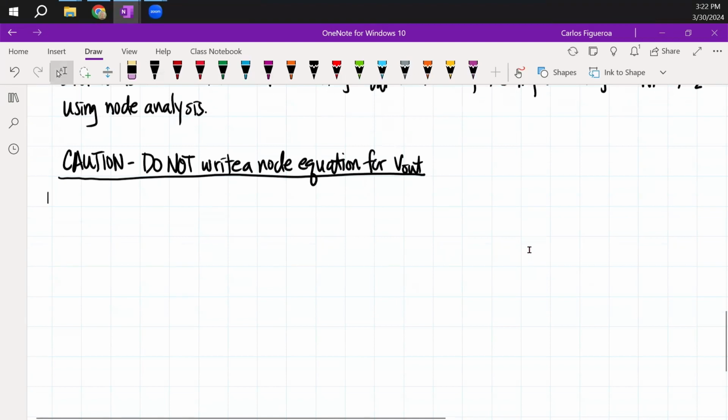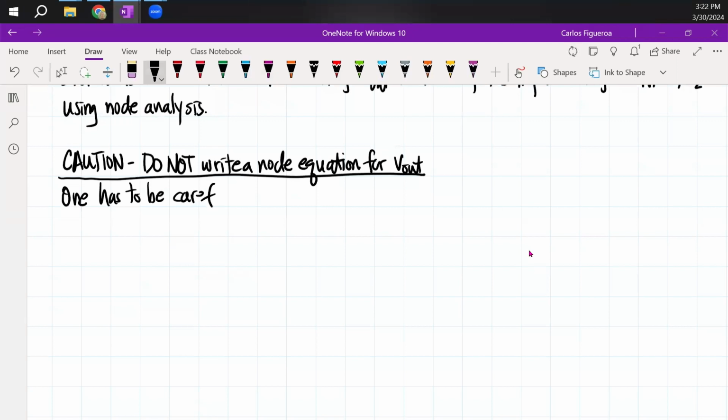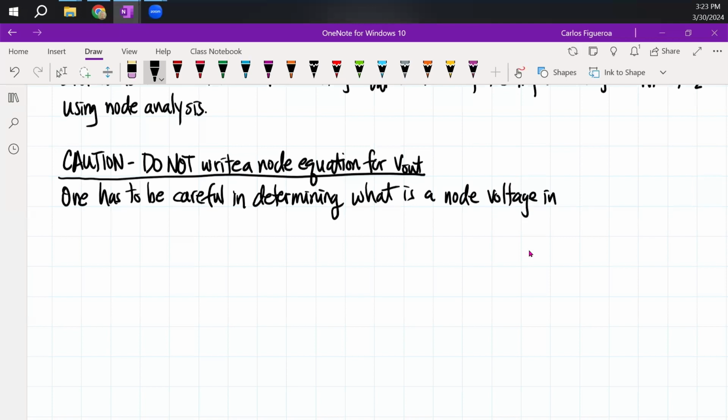So let's look at this in pictures here. One has to be careful in determining what is a node voltage in op amps.